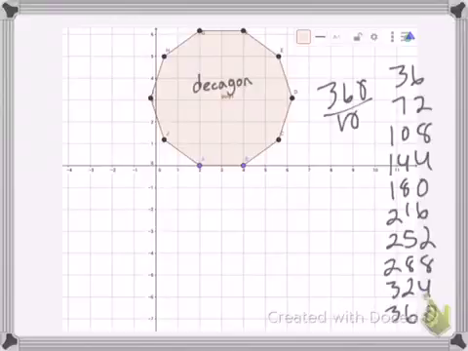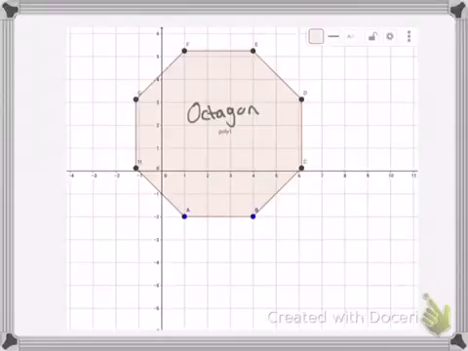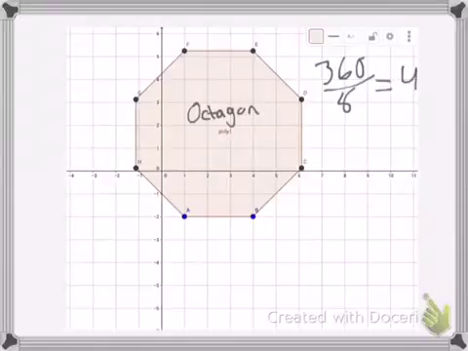for a decagon. Next we have an octagon. And you find the degrees of rotational symmetry here. Alright, so right here, say 360 divided by 8. And that's going to give me 45, 90.